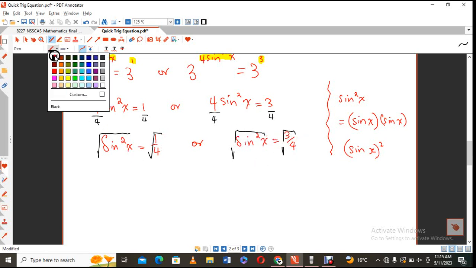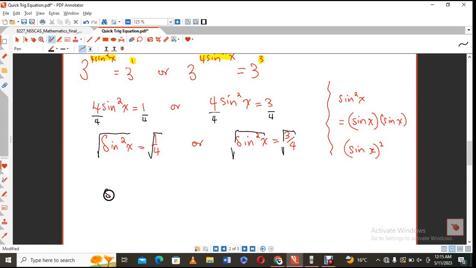So in any case, we are left with sine x alone, and it is equal to, well, the square root is going to be a positive and a negative number. That's the thing you must realize with the square root. The square root of a quarter is 1/2, or this other answer will be sine x is equal to positive or negative the square root of 3 upon 2, because the square root of 4 is 2.